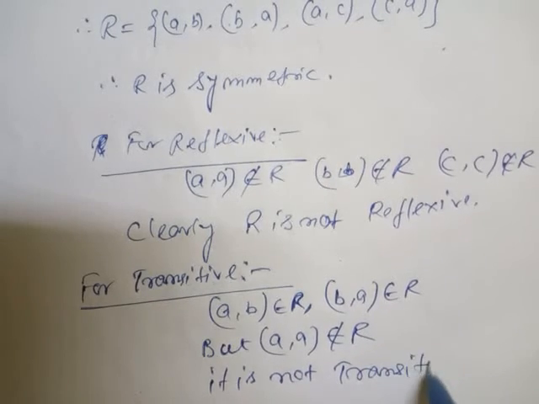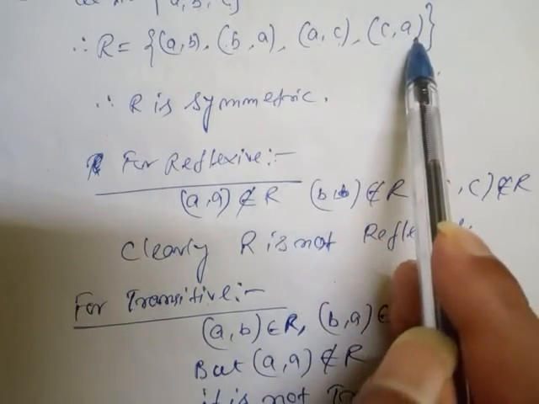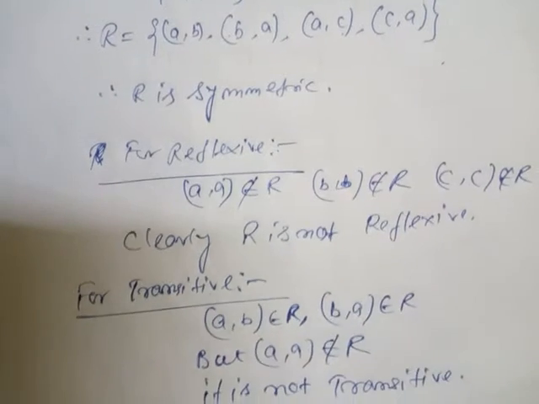I may take the example also: (a, c) belongs to R, (c, a) belongs to R, which means c cancels, then (a, a) should belong to R, but (a, a) is not in the relation, which means it is not transitive. Now look student, that is number B.